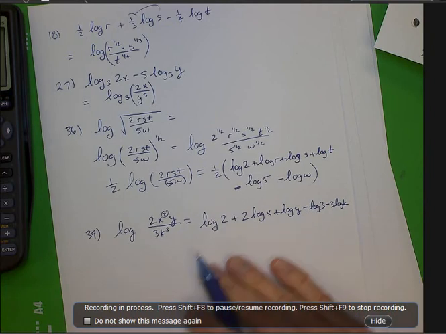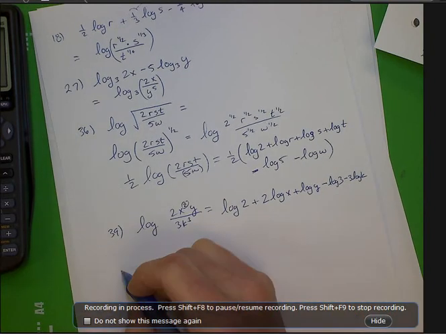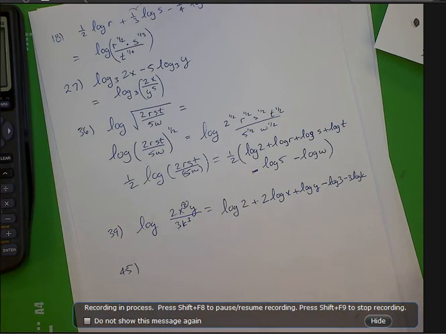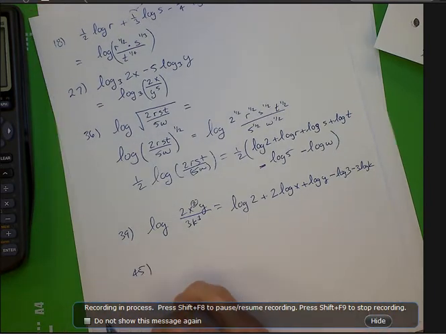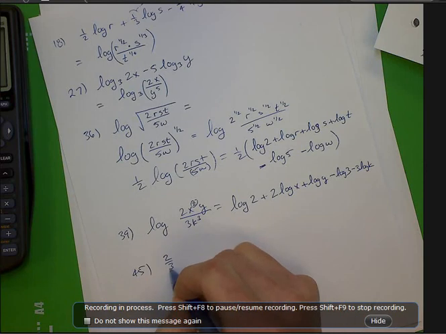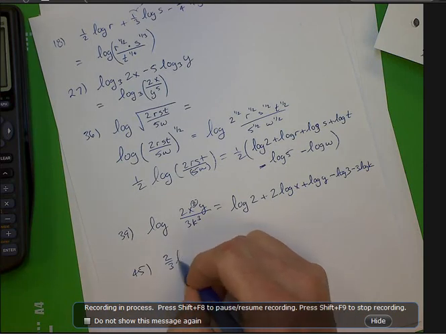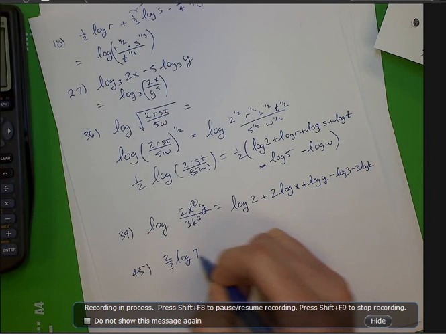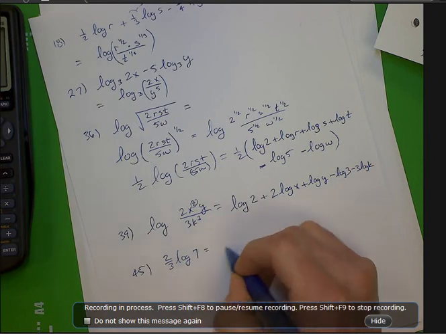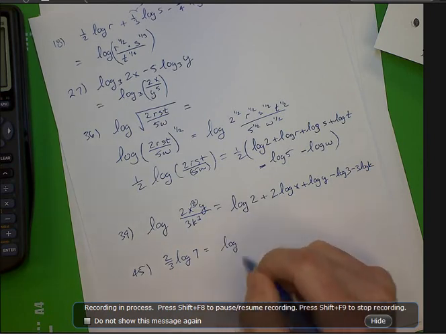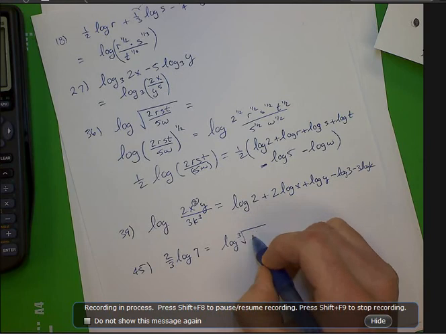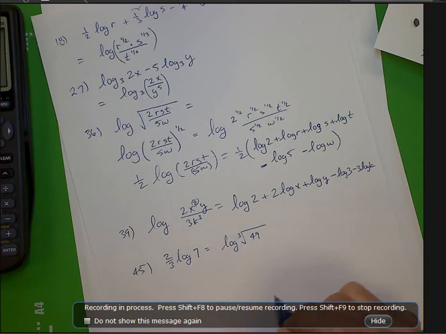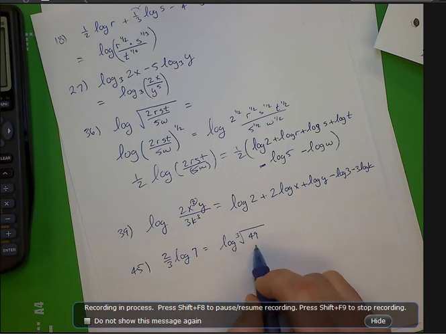One last one to do together, and then we'll be done for the day. 45 says state the property or properties used to rewrite each expression. So we have 2/3 log of 7 is equal to the log of the cube root of 49. So basically what happened here?